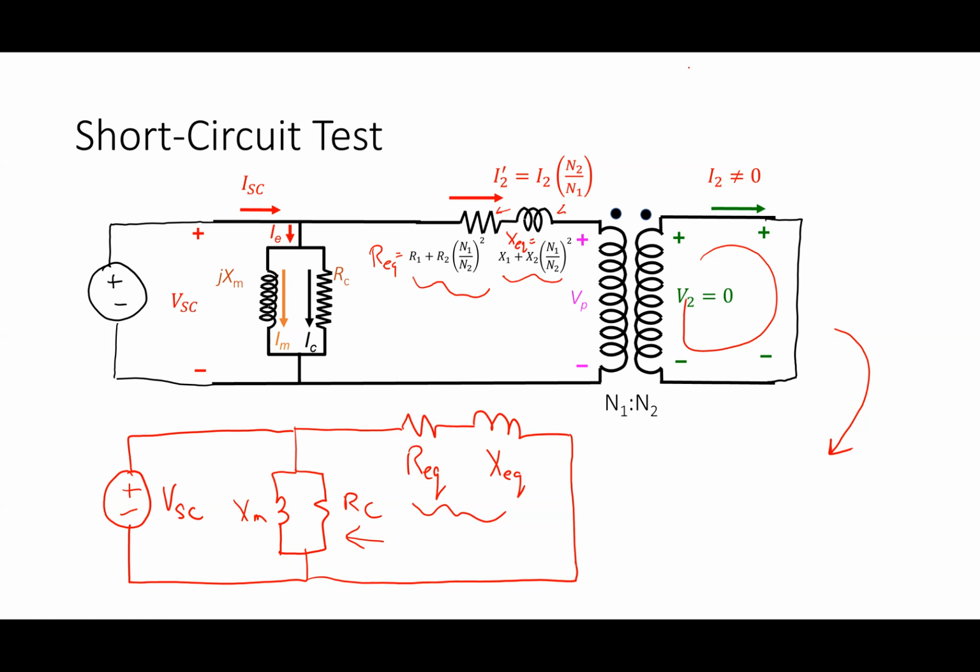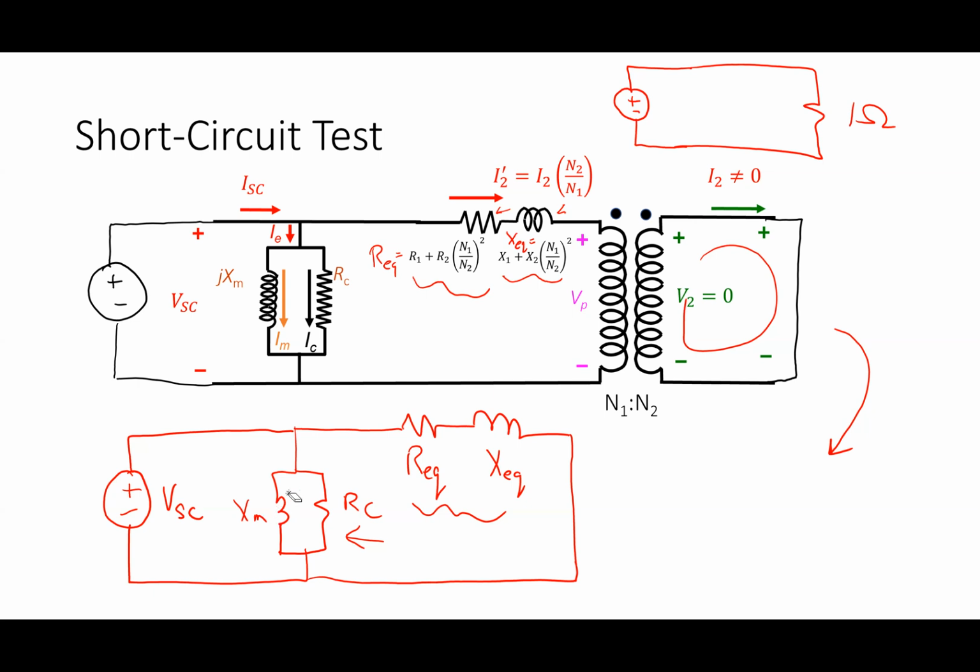If I had, let's say, 1 kilo ohm in parallel with 1 ohm, what do I have? Yeah, pretty much 1 ohm, right? It would probably be 0.999 or something like that, but so small that the difference would be negligible.